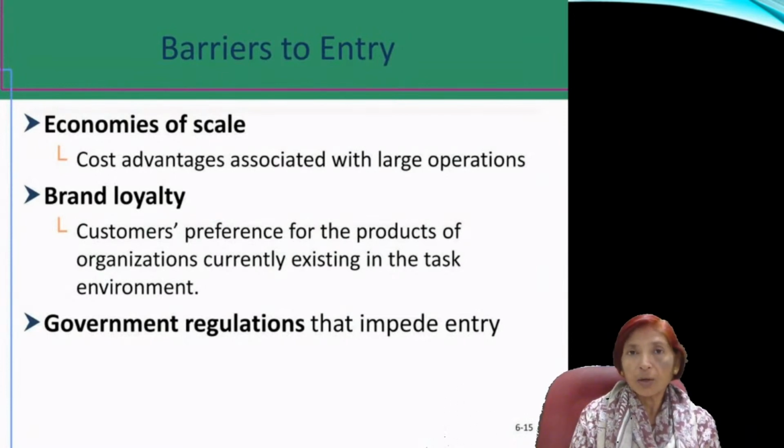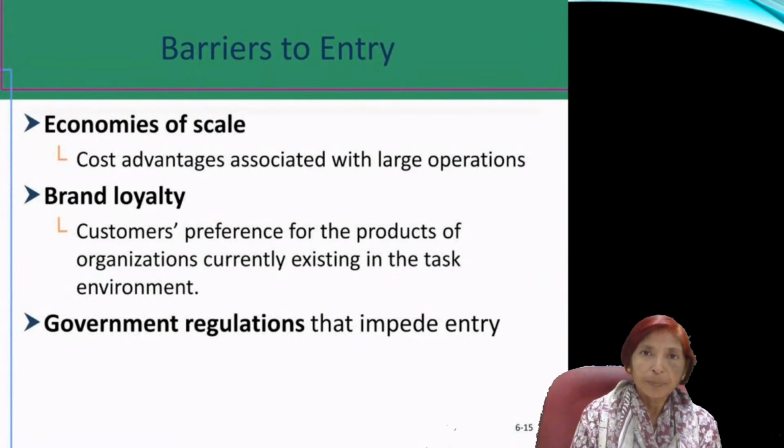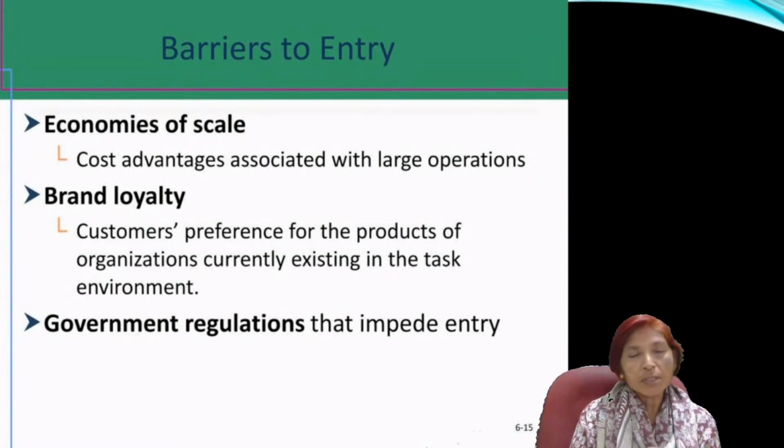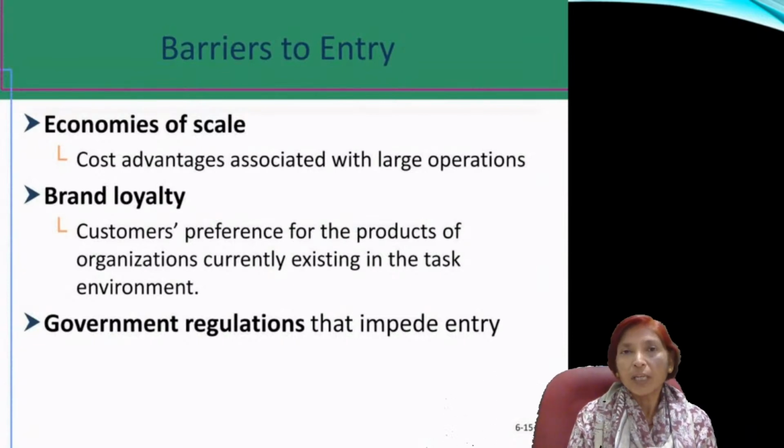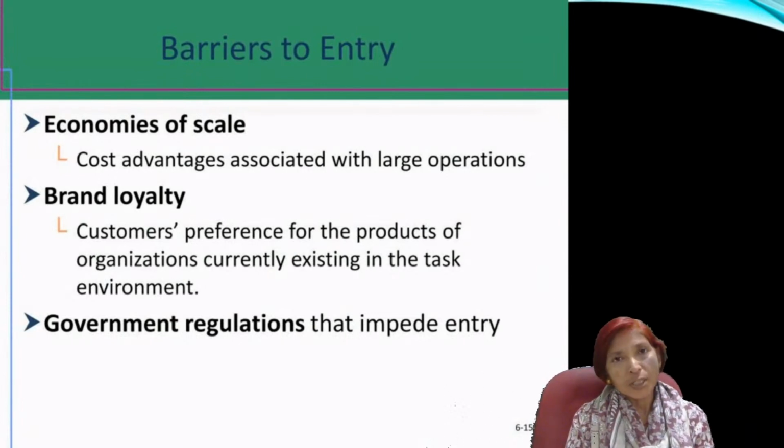And these advantages are known as economies of scale, and it happens only in case of long run, not in short run, because in long run we have too much time, we can easily change all the factors of production, and in long run all factors of production are variable. So in long run all factors can change simultaneously. If we want to increase the output level, then we can use more inputs, and economies of scale we can get, and these are cost advantages associated with large operations.